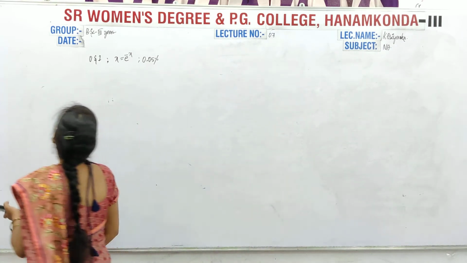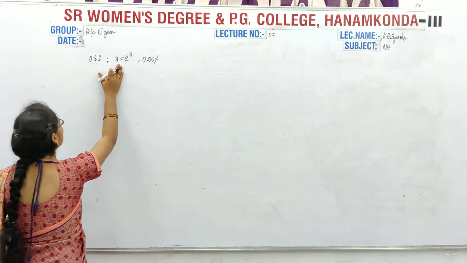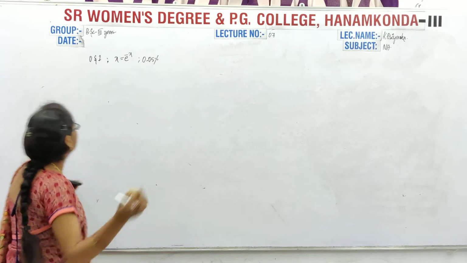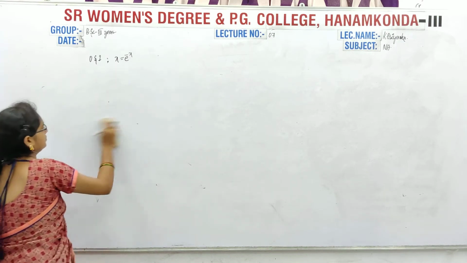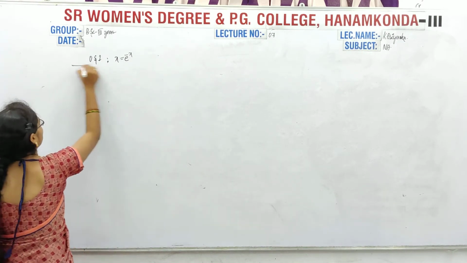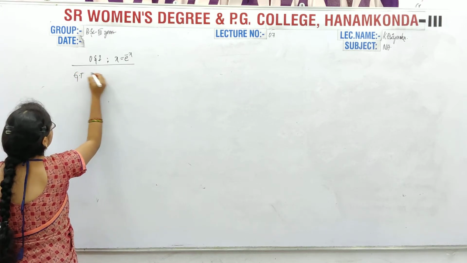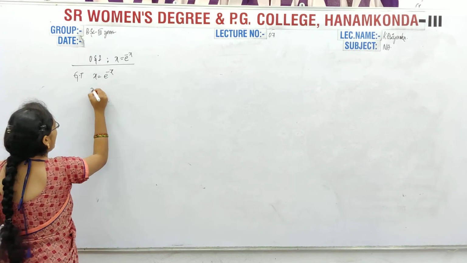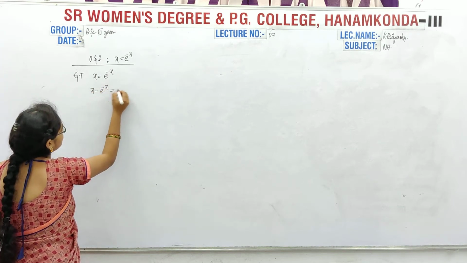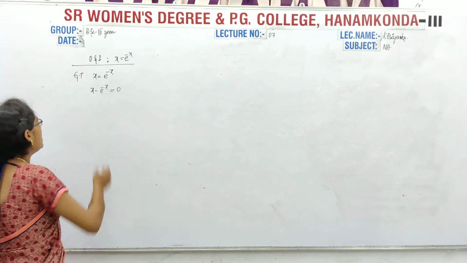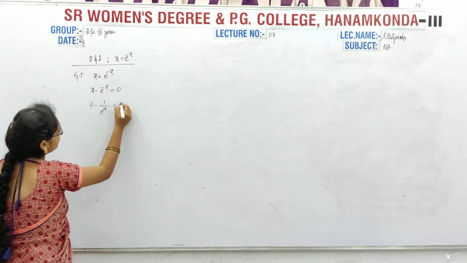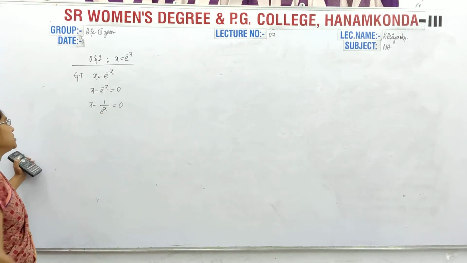Now here see, the given function is this one and the interval is this one. Given that x equal to e power minus x, I am taking it as x minus e power minus x equal to 0. Now e power minus x can be written as 1 by e power x, so x minus 1 by e power x equal to 0.